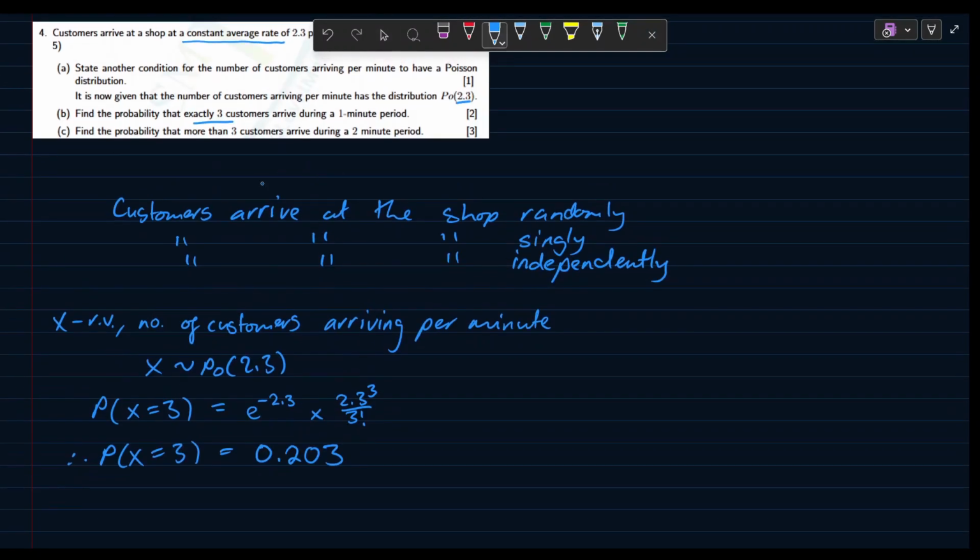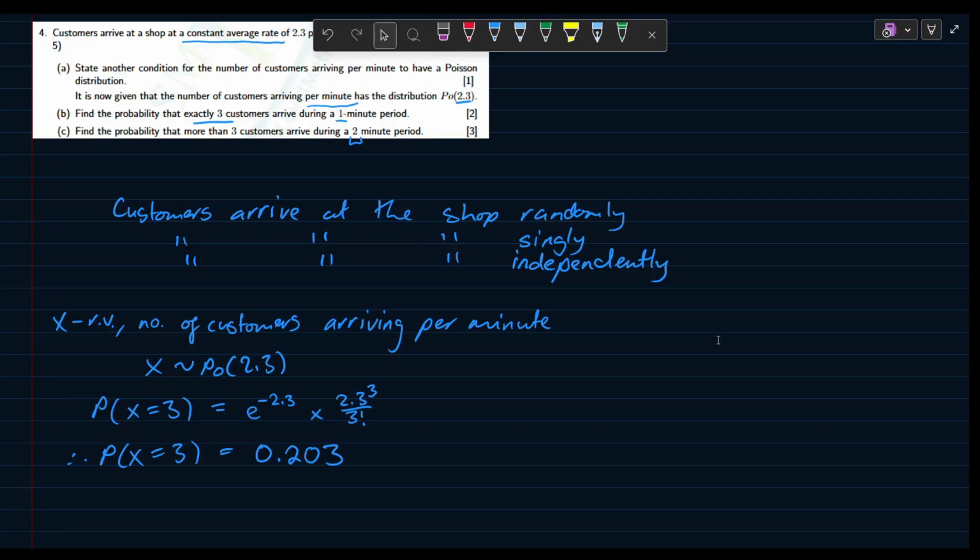Now part C says find the probability that more than 3 customers arrive during a 2-minute period. So notice the change in interval. In part B, and even in the stem of the question here, we're dealing with a 1 minute period, but now they've changed it to a 2-minute period.